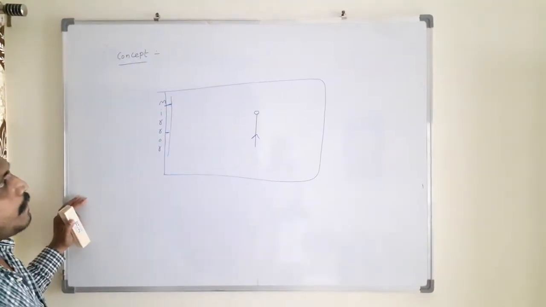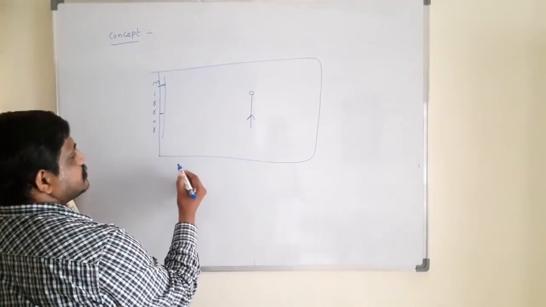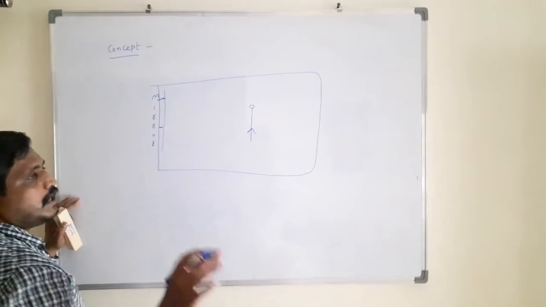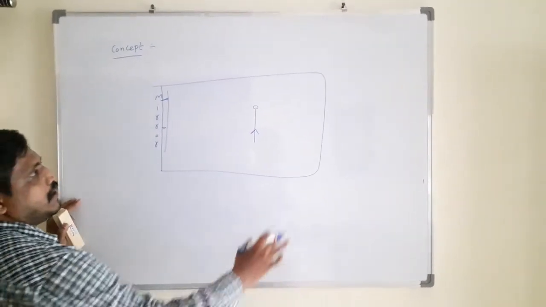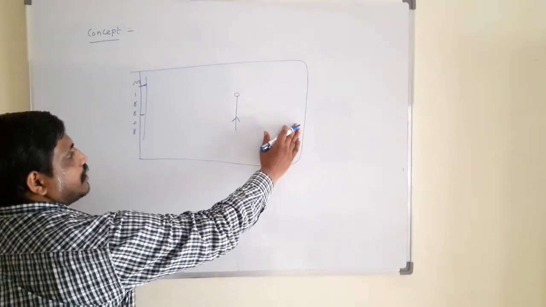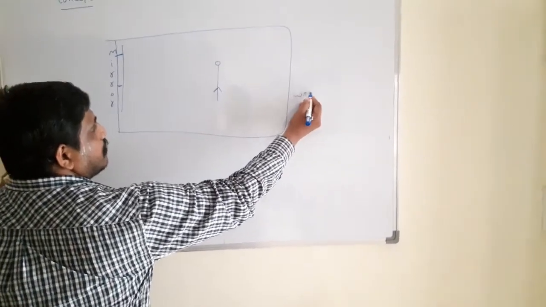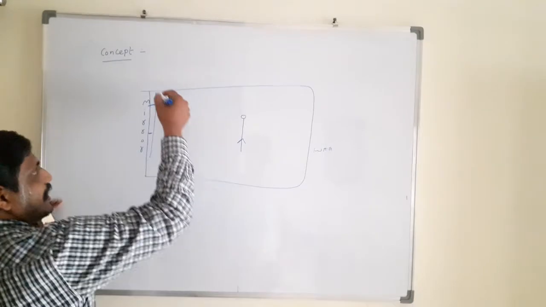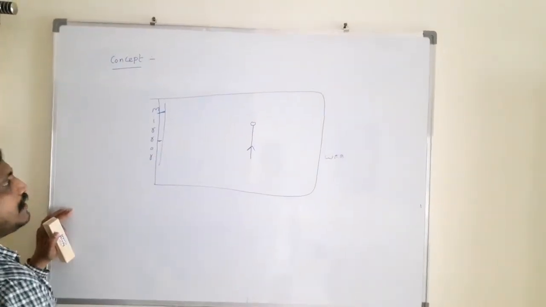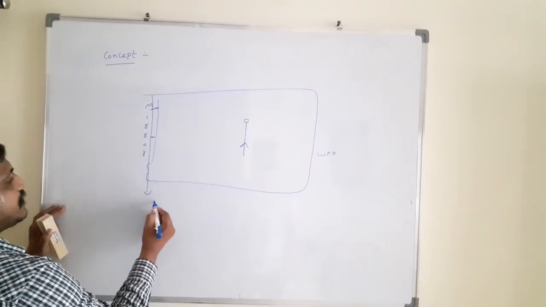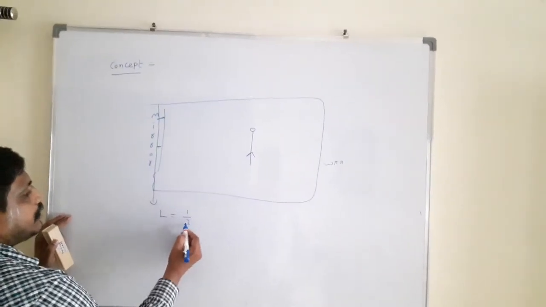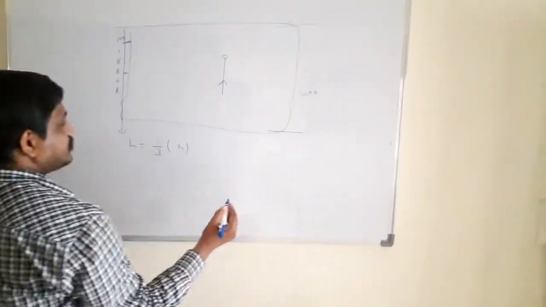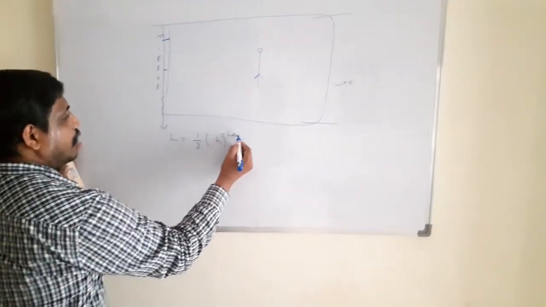This is the person, who is at the center of the room. The person wants to see behind, the wall behind the person, in the mirror. The length of the mirror always required is 1 by 3 of h, where h indicates the height of the wall.